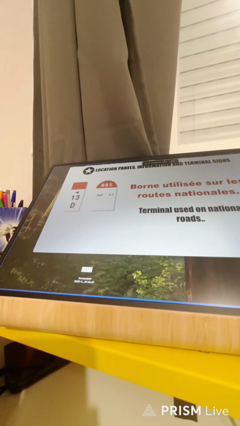Then this is also the same thing. N85, that means you are driving on the national road N85. But this time around, the identification number is 13. You can see where they put it. It's not under this Gap. It means the kilometers away.